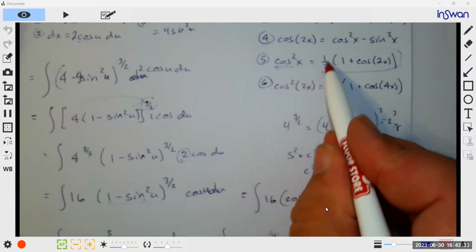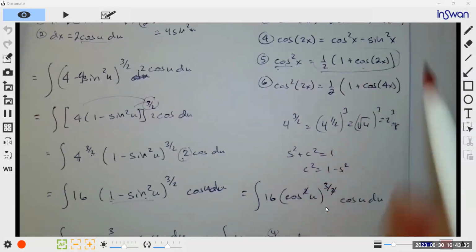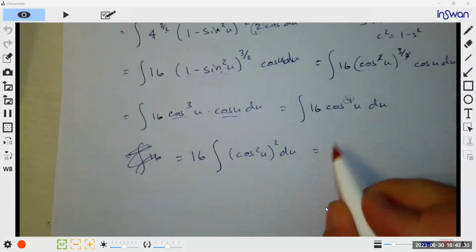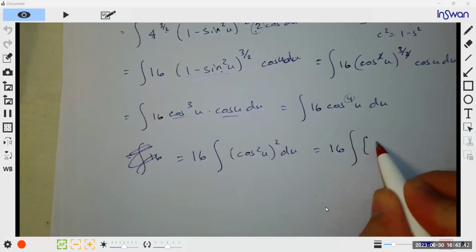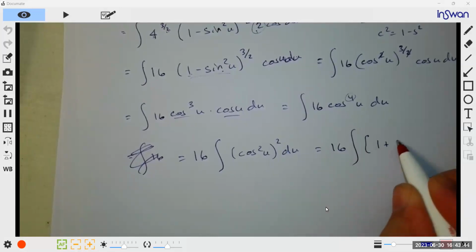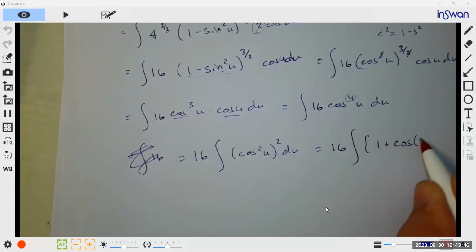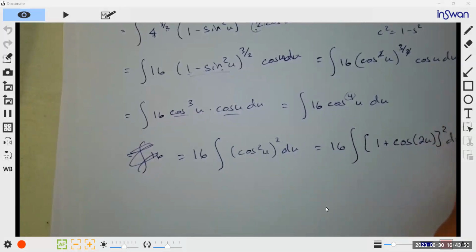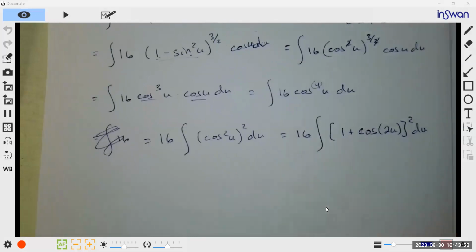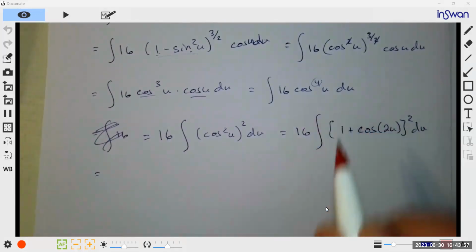Cosine squared is 1/2 times 1 plus cosine 2x. So it's 1 plus cosine 2u, squared, du. So here we're using rule 5.